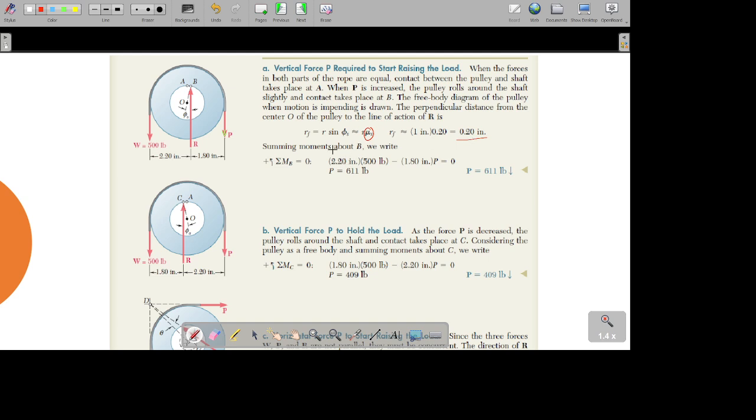Why plus 0.20 inch? Because you have to add the radius of friction, because the distance will be this distance plus the radius of friction.